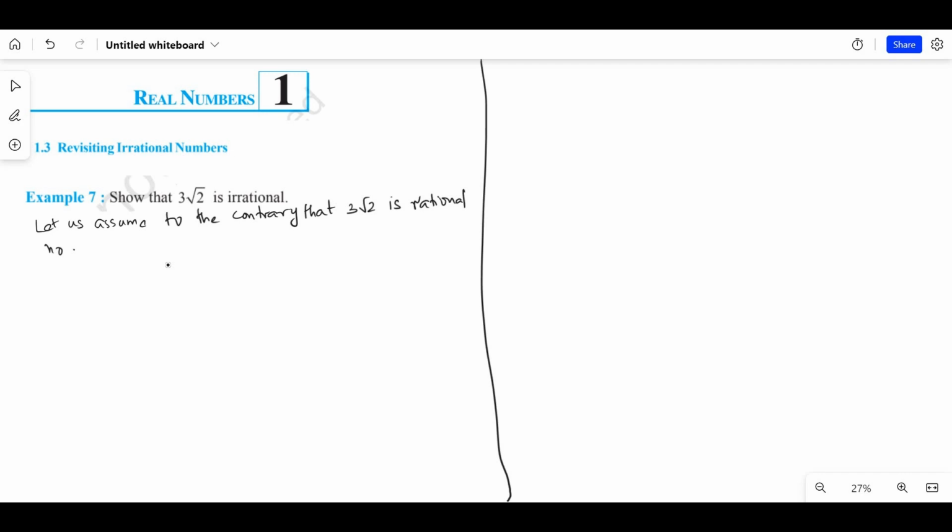so we can write it in the form p by q, where p and q are integers and q not equal to 0.